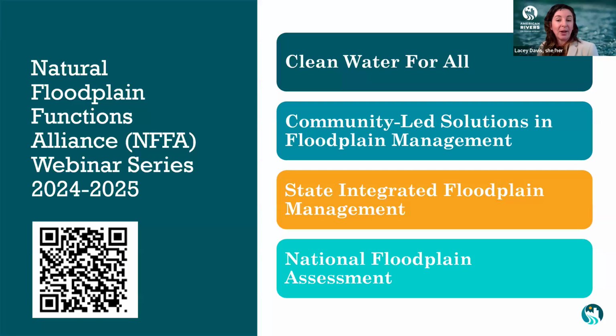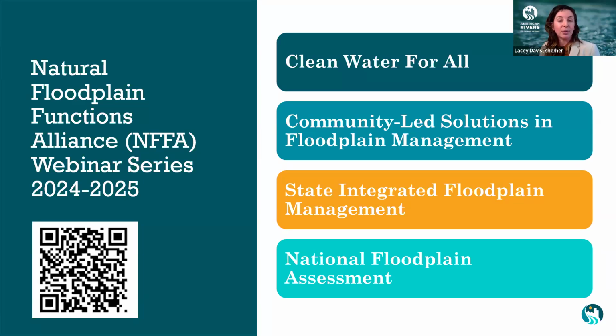Today, we will be hearing from NFFA members who have worked directly with frontline communities most affected by flood risk. And then in April, we're going to have a focus on state integrated floodplain management. We'll talk about what different partners are doing to advance those strategies across the nation. And then in July, we're going to share the work that American Rivers and Conservation Science Partners have been doing, producing a national floodplain assessment map and report.